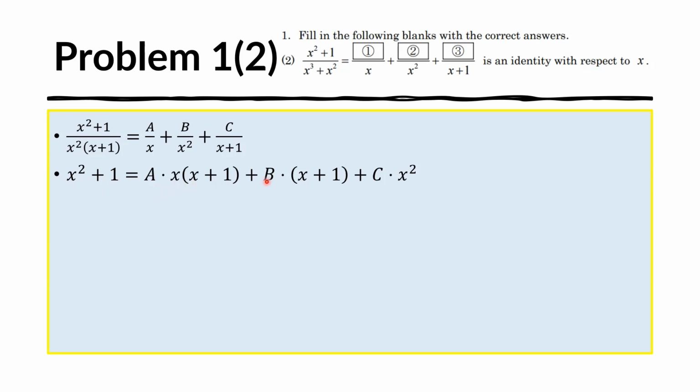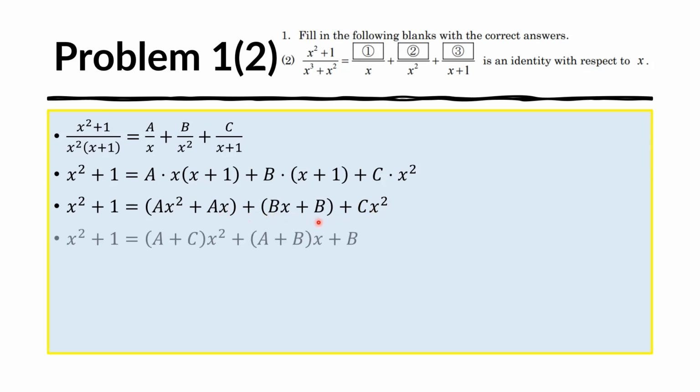So we multiply out everything, and this is what we get. So we have ax squared, and here we also have cx squared. Next we group together the ax squared and the cx squared. So we're basically grouping like terms. The same is true with the ax and the bx, and also the b. Now it becomes like this.